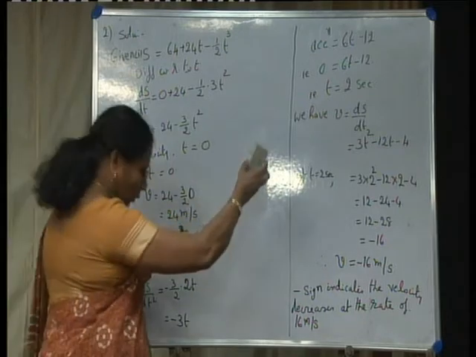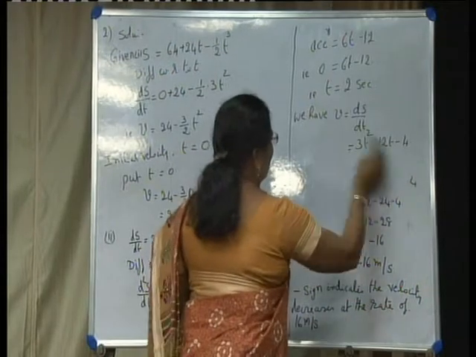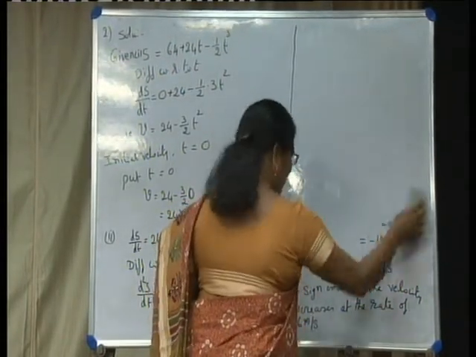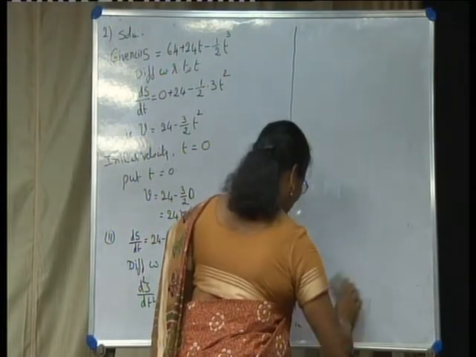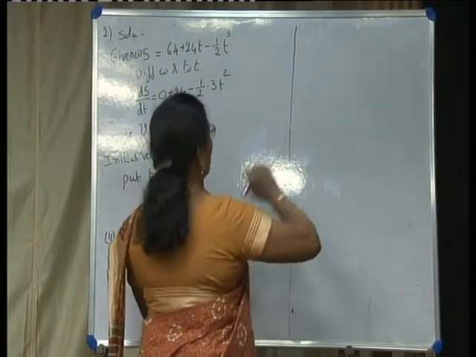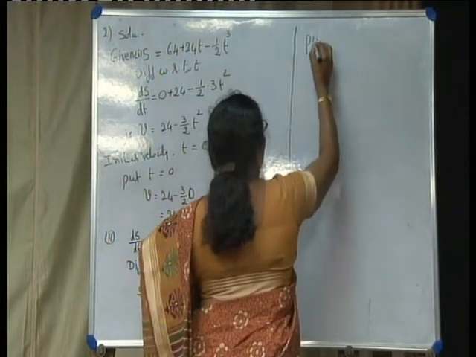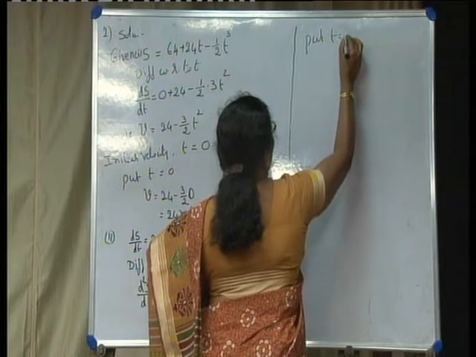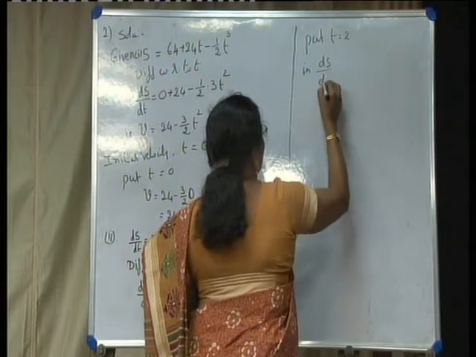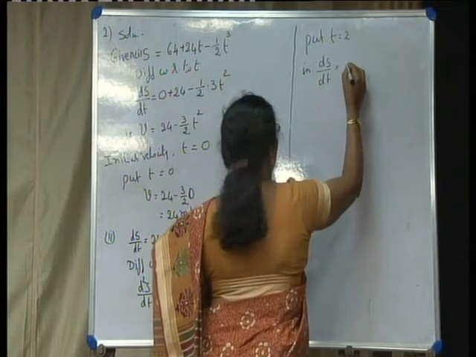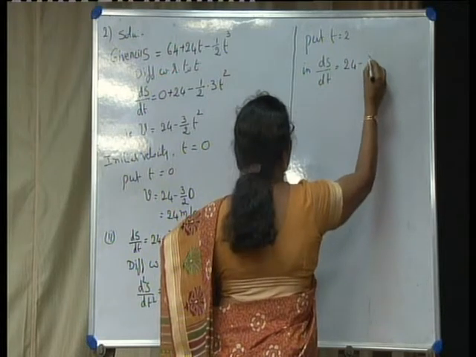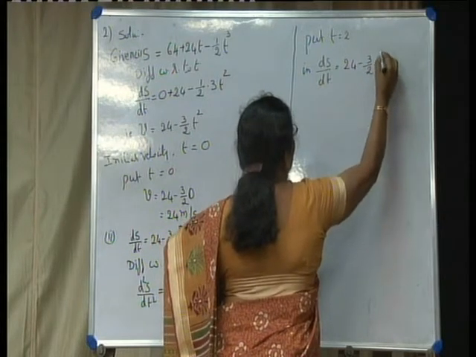Put t is equal to 2 in the velocity and the acceleration, and you will get the velocity and the acceleration after 2 seconds. Put t is equal to 2 in ds by dt is equal to 24 minus 3 by 2 t squared.